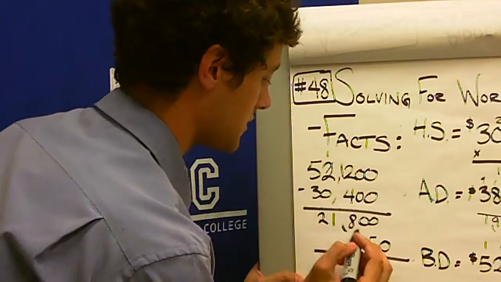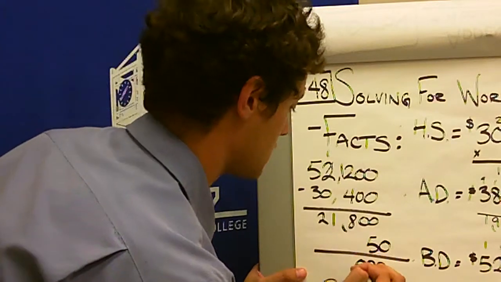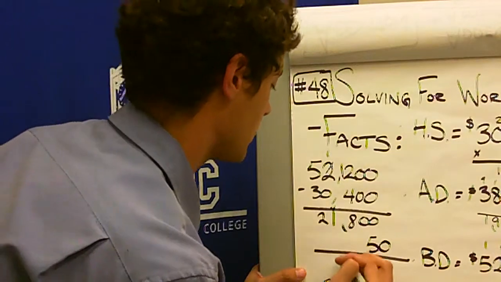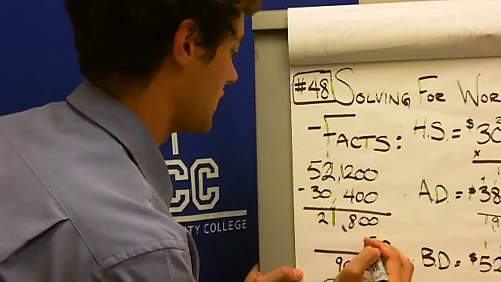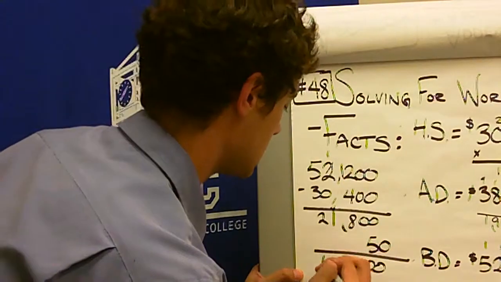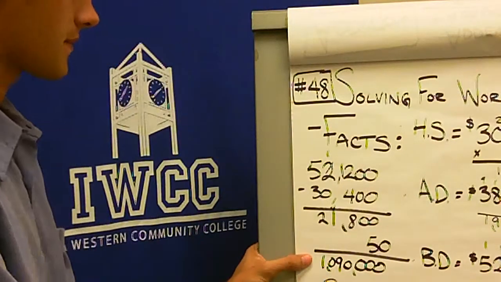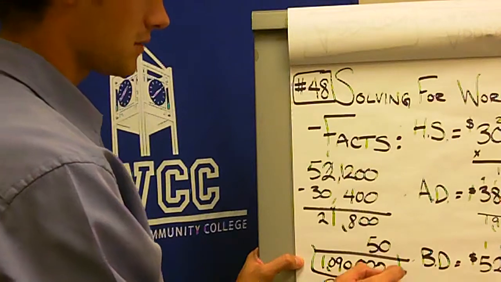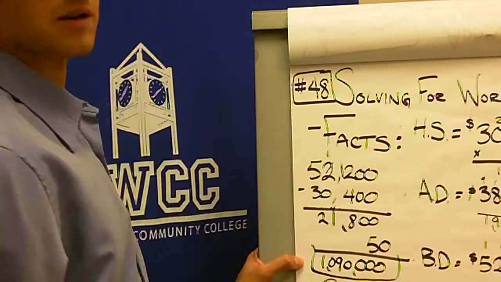So I got 5 times 8 is 40. I bring down my 0, carry my 4. 5 times 1 is 5, plus 4 is 9, and then 5 times 2 is 10. So look at that, 1,090,000. It's the same number we got by doing it the longer route.